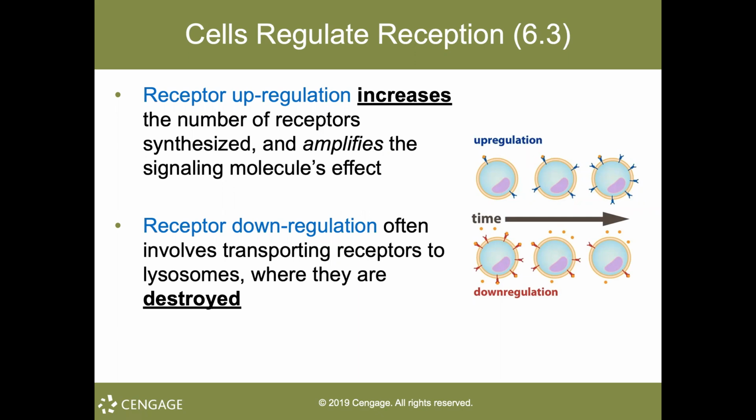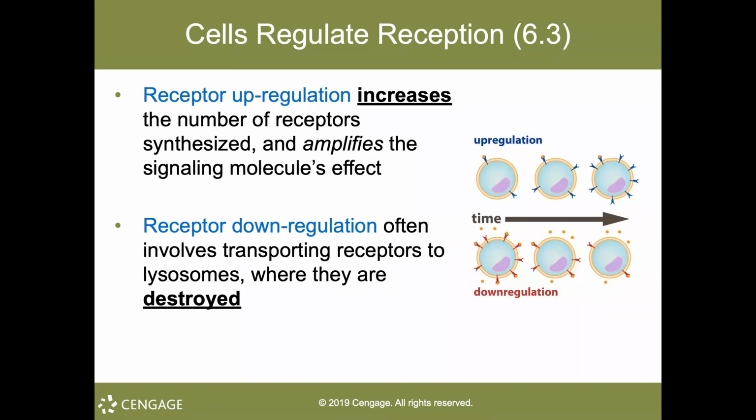So we talked about the receptor and its specificity. Cells also have to regulate the reception. So yes, it can receive a signal, but sometimes the cell needs to amplify the effect of the signaling. They need to make the signal much, much greater.